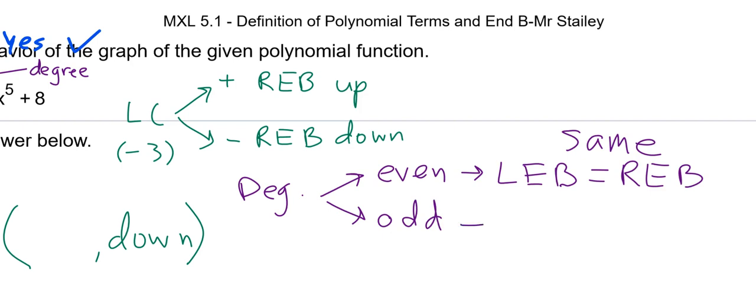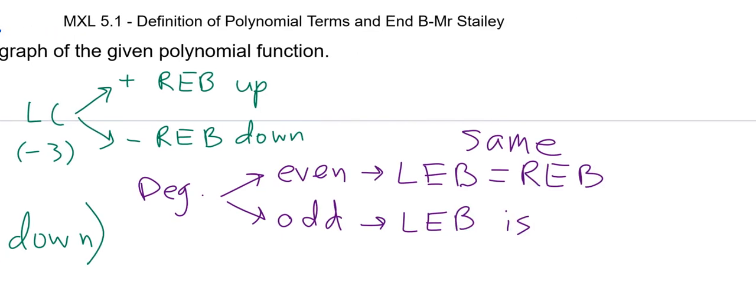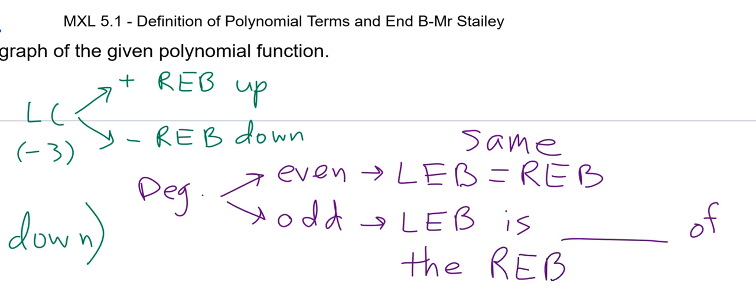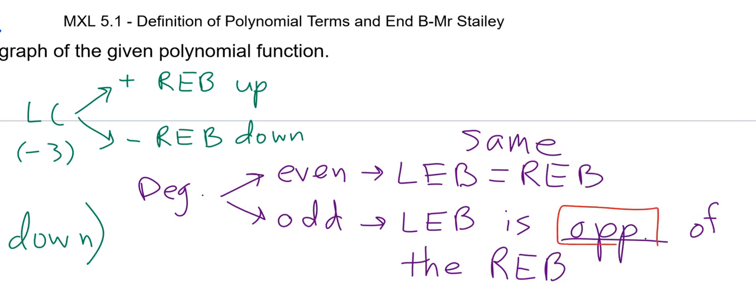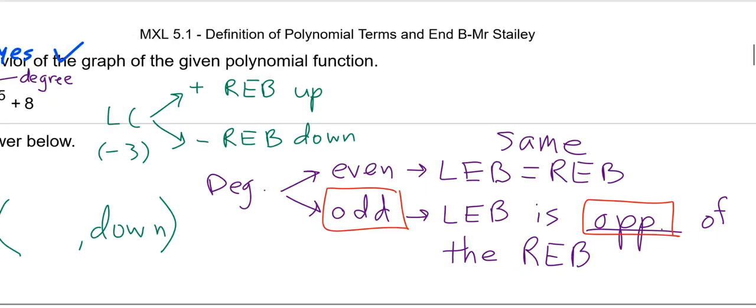If the degree is odd, then the left end behavior is, what would be a good word? Opposite. I always think it's cool that OPP and ODD kind of look the same. Odd degree, opposite.